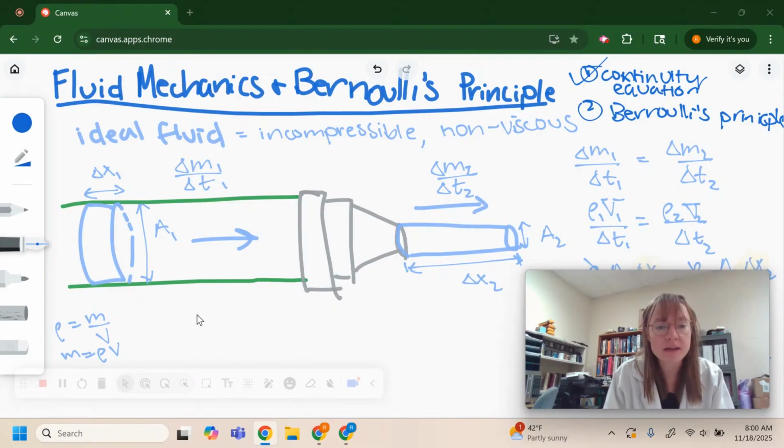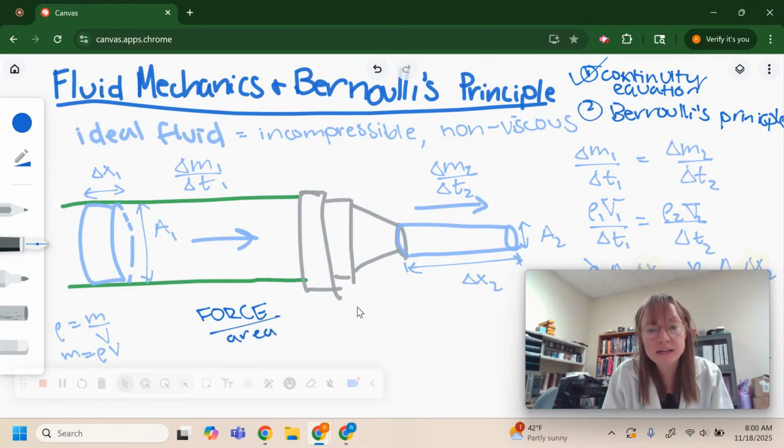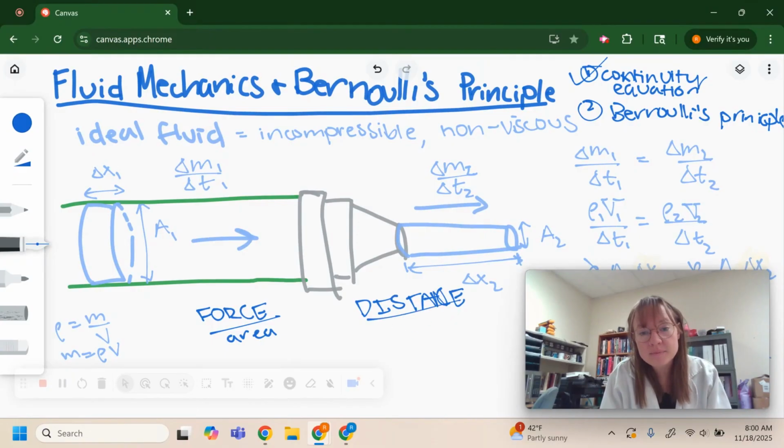You'll remember that pressure is force over area. And velocity, or speed, is distance, that says distance, by the way, over time.